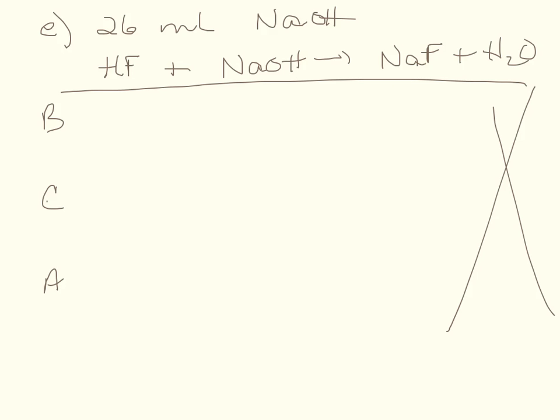So, of course, we started with 7.5 millimoles of the acid. At this point, we've added 26 milliliters of sodium hydroxide. The concentration of the sodium hydroxide is 0.3 molar. And so the millimoles of sodium hydroxide that we have at this point are 7.8 millimoles.